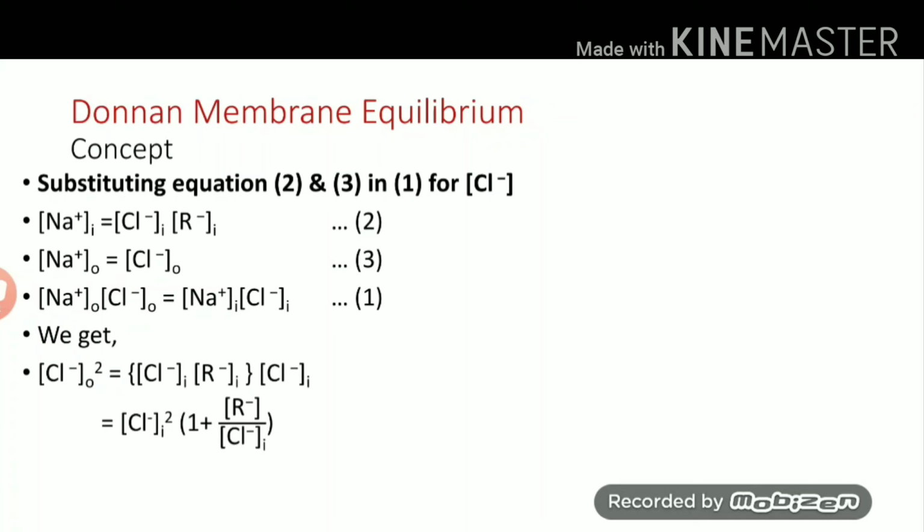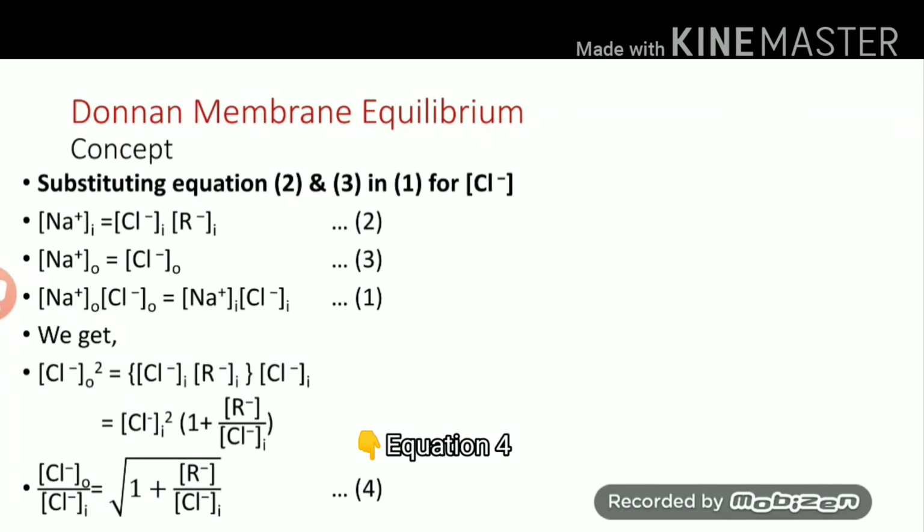It is equal to chloride negative inside squared, in brackets 1 plus R negative divided by chloride negative inside. Remember, R negative will always be inside. The final equation becomes chloride negative outside divided by chloride negative inside is equal to the square root of 1 plus R negative divided by chloride negative inside. Let this be equation 4.